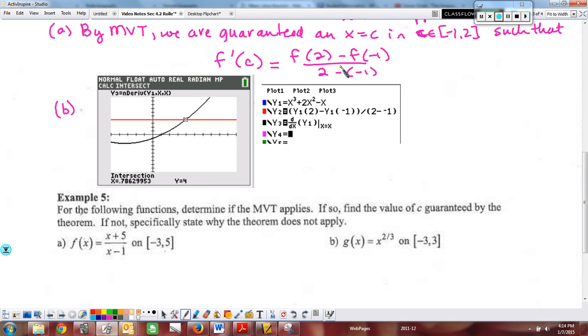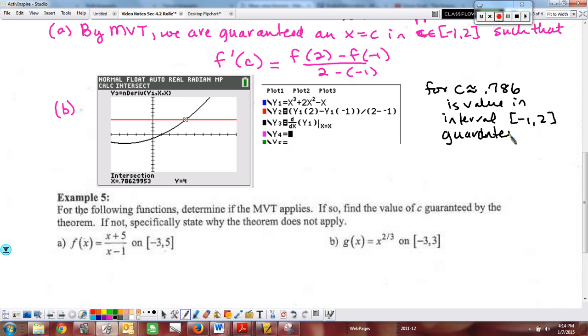And so on our calculator, all we basically have to say is this equation is true for c approximately equal to 0.786. Okay, so c equal to 0.786 is the value in the interval negative 1 to 2, guaranteed by the mean value theorem.